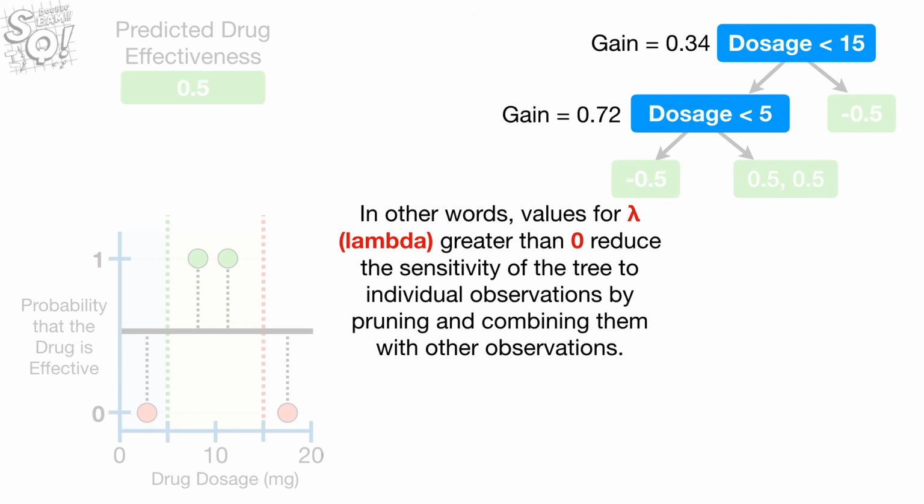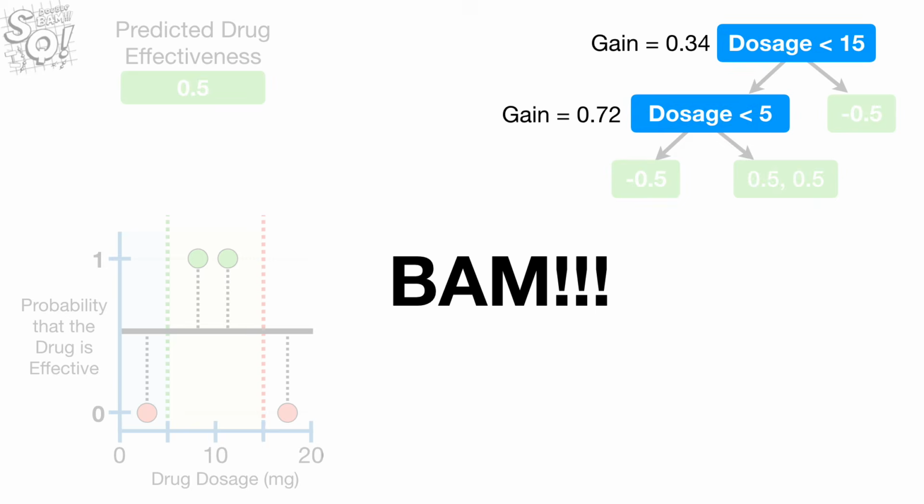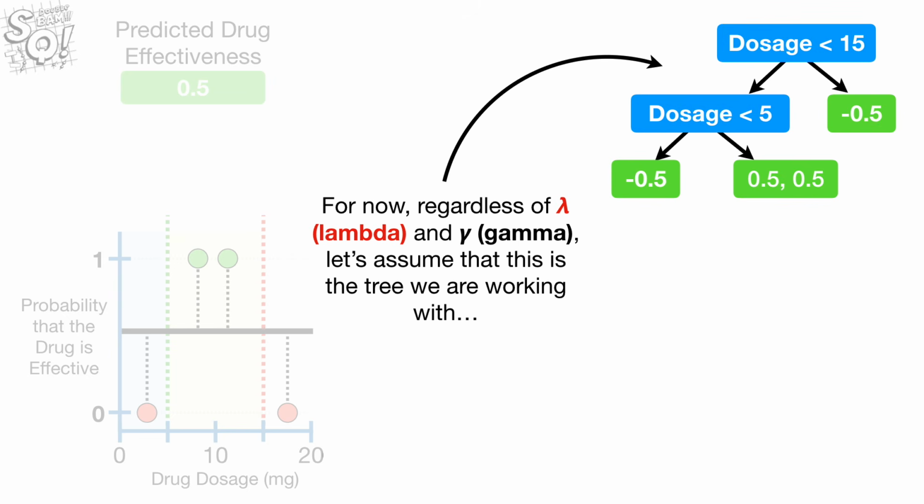In other words, values for lambda greater than 0 reduce the sensitivity of the tree to individual observations by pruning and combining them with other observations. Bam!